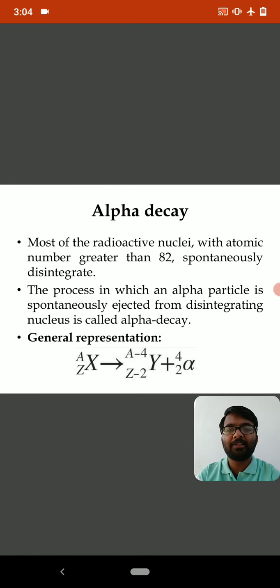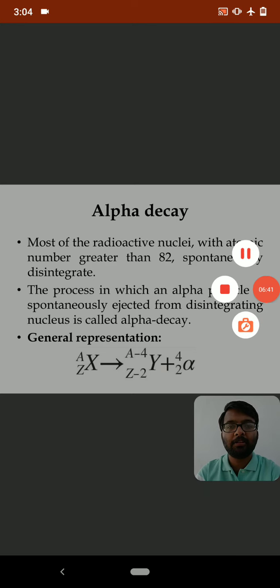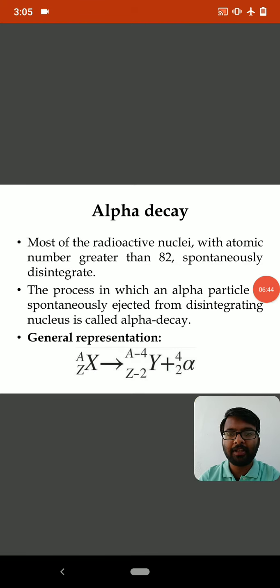So the general representation of this alpha decay process is like this.